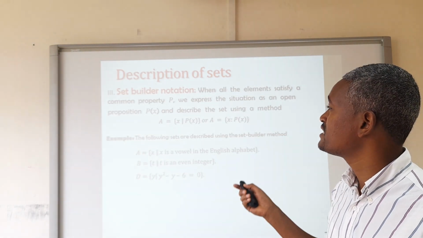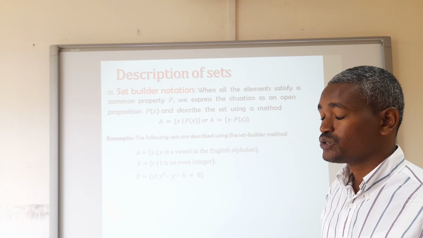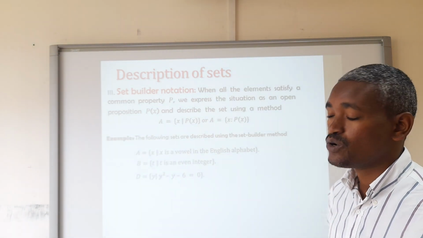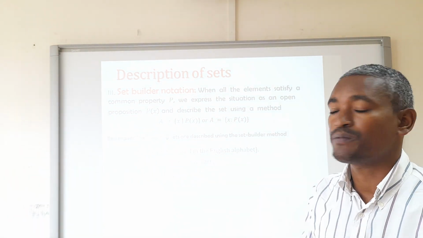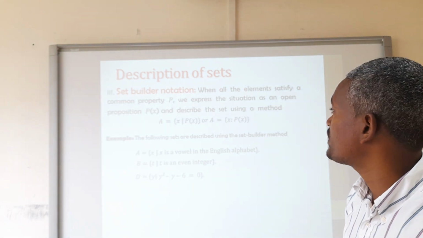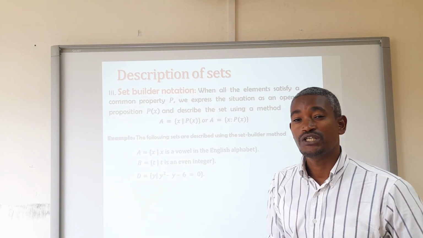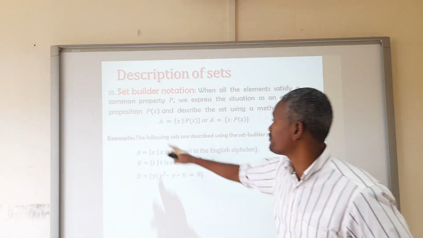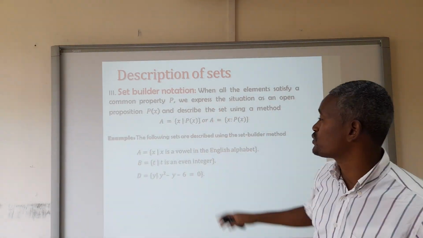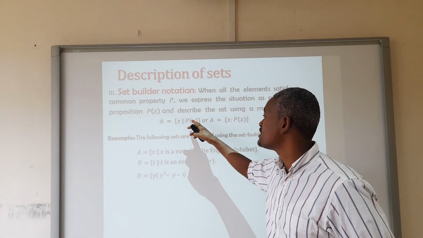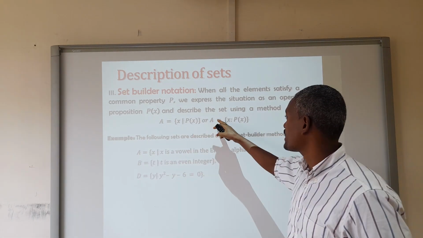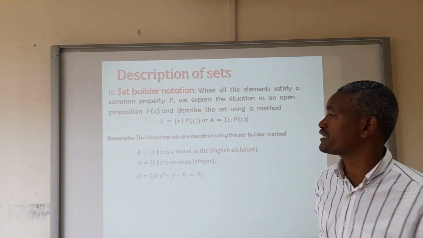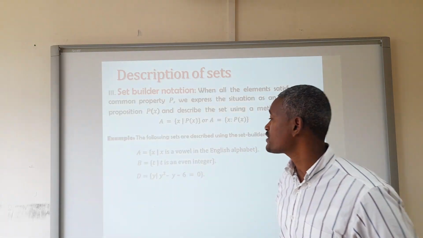The next one is set builder notation. When all the elements of the set have a common property, we express the situation using an open proposition P(x) to describe the set, as A = {x | P(x)}, or {x : P(x)}.